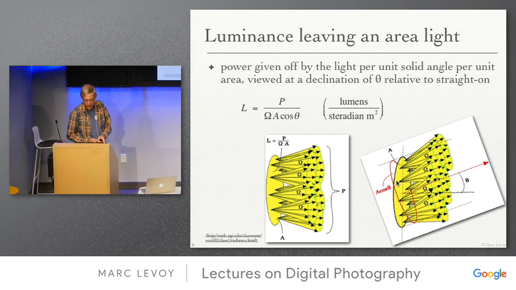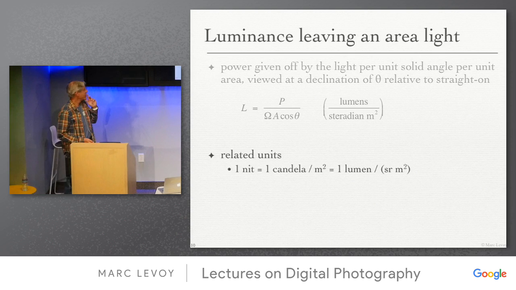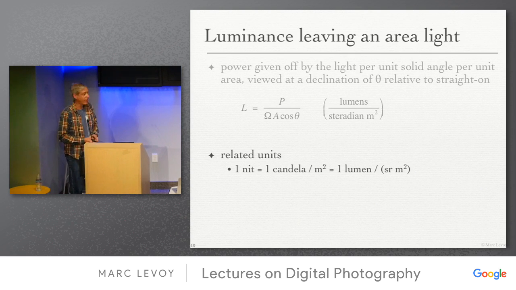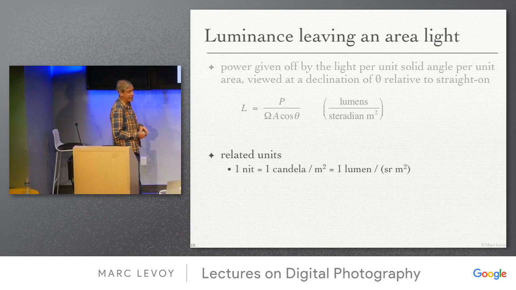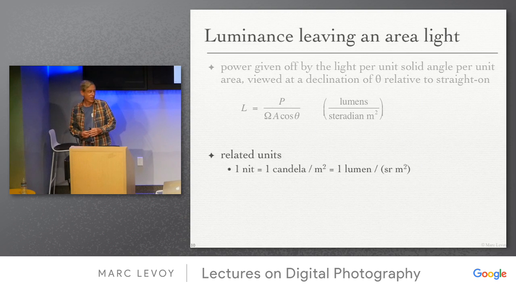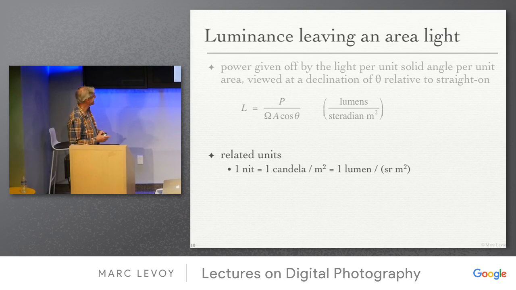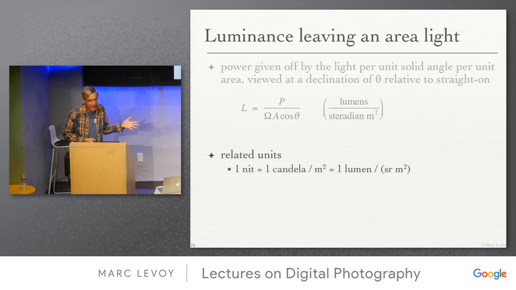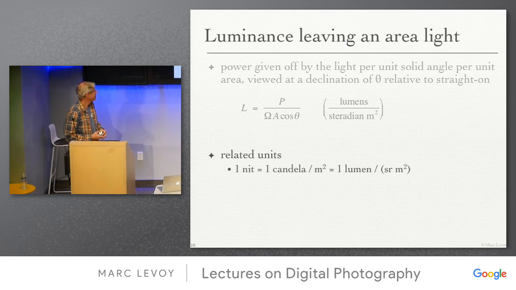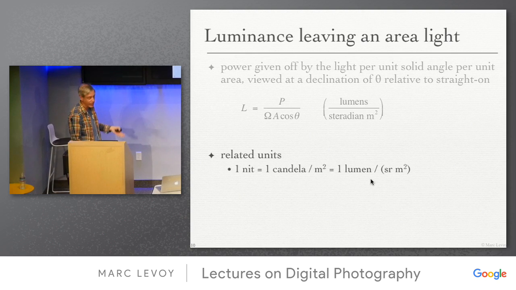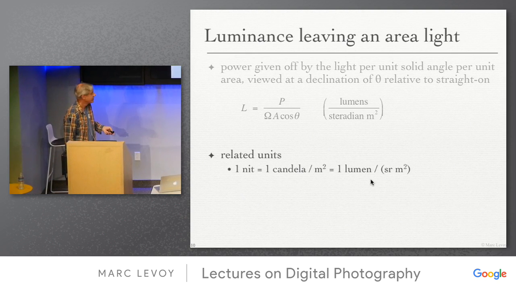Okay, so there are a number of other related units, and one is called a nit. I could make a lot of lousy puns about nitpicking, but I won't. So 1 candela per meter squared is called a nit, and that therefore is 1 lumen per steradian per meter squared.